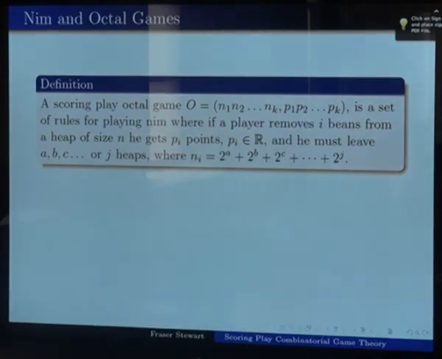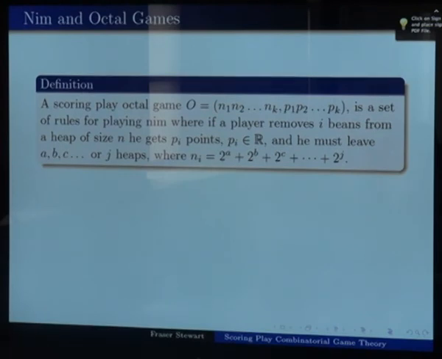So the question is how we can actually use this. Let me just show you a little example of a game. This is something I just sort of discovered, and I added it into my talk at the last minute. So this definition looks a little bit complicated. Basically, the game Nim is just you play on heaps of beans, and on your turn you take so many beans from any one heap.